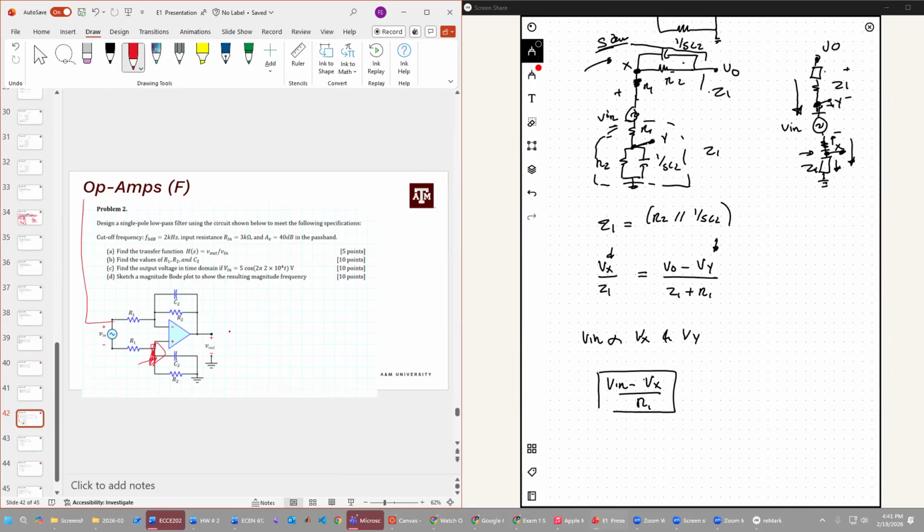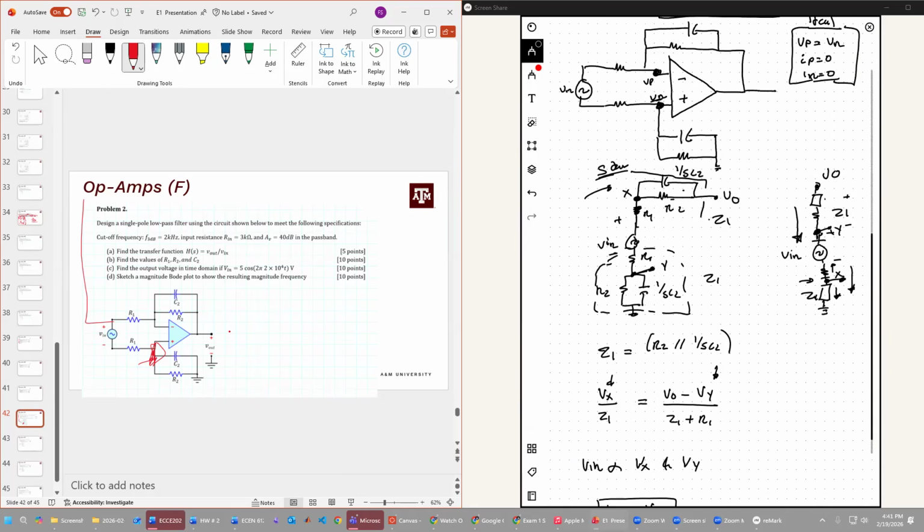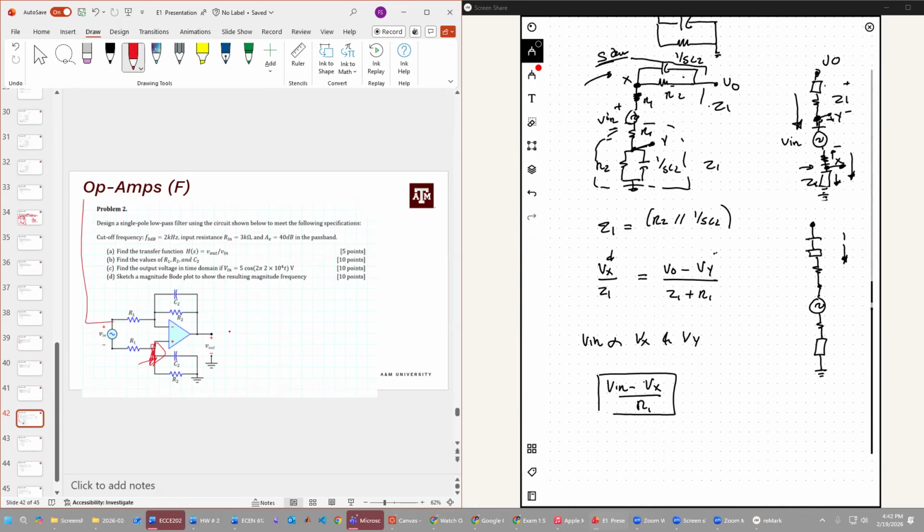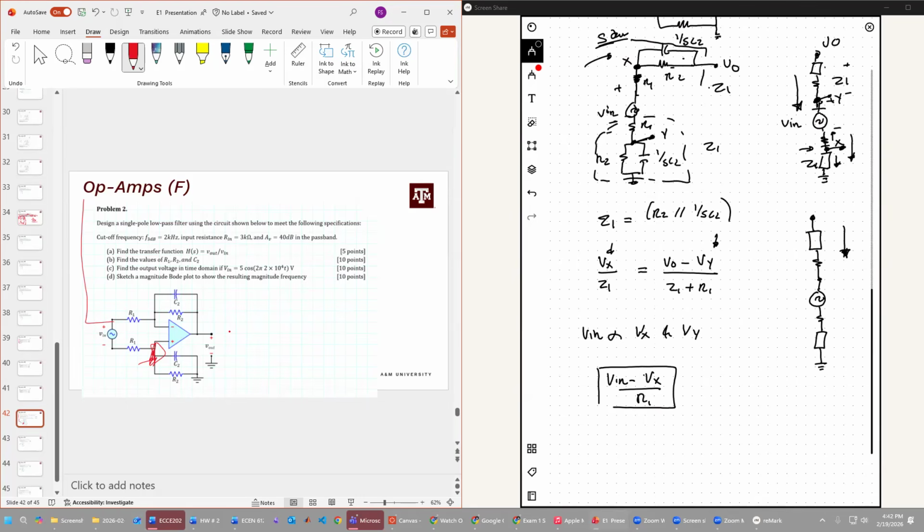So you're saying, okay, so you're saying at this step, the current flowing through this entire branch. Yeah, you can do it all at once. Yeah, I understand your question now.